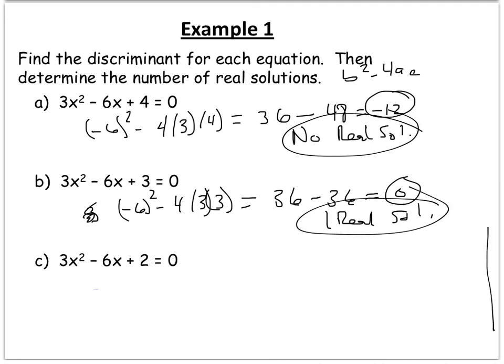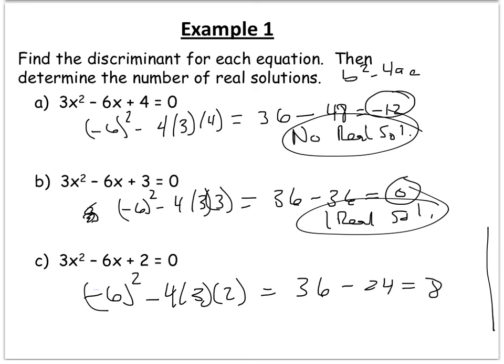And then the very last one, we're going to do our negative 6 squared minus 4 times A times C, but I got to put in 2. And that's going to equal 36 minus 24, which is equal to 12. So that's our discriminant, and there are 2 real solutions.